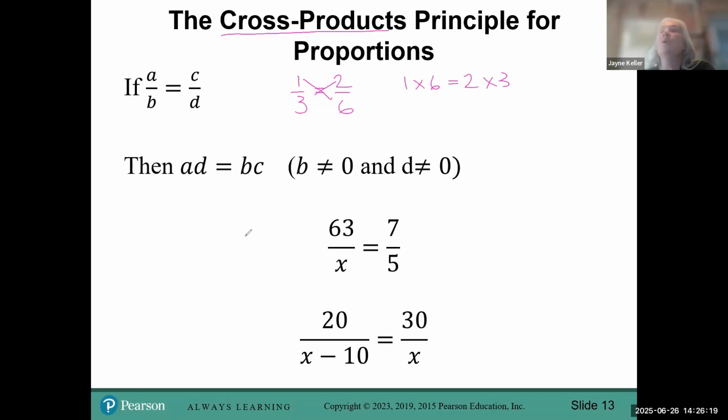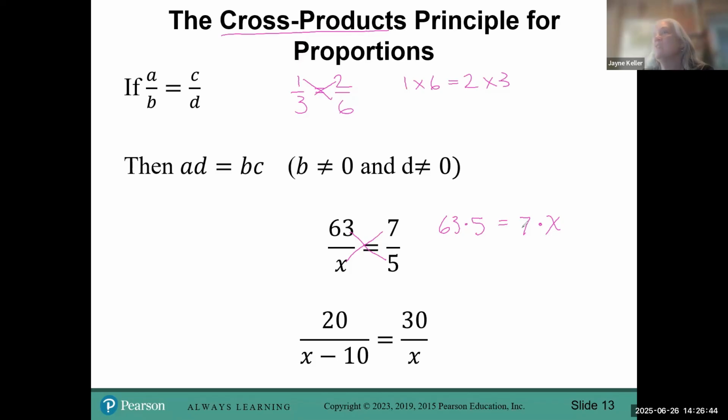So the easiest way to solve a proportion like this one, I have 63 is to x as 7 is to 5, is I just cross multiply. So that tells me 63 times 5 is equal to 7 times x. And then I want to know just what x is. So what do I have to do? I have to divide by 7.